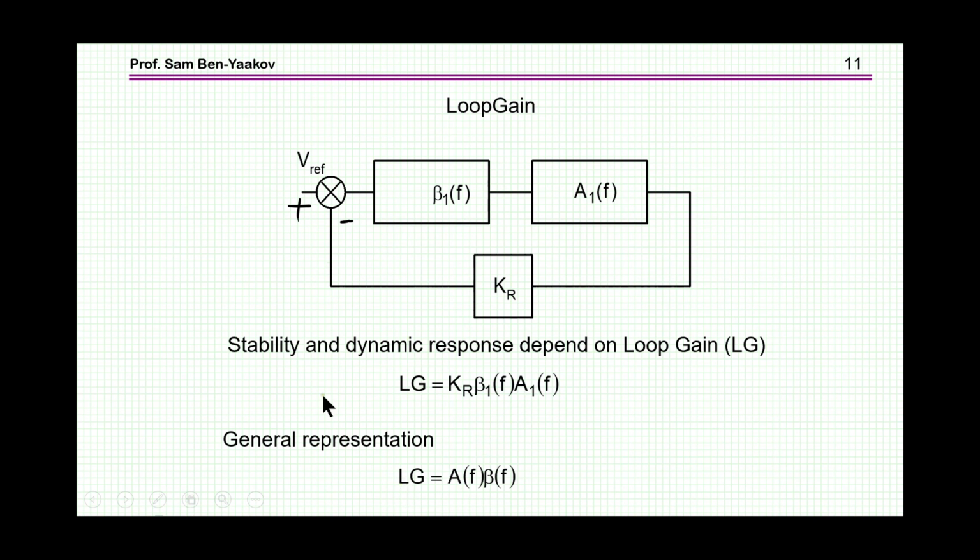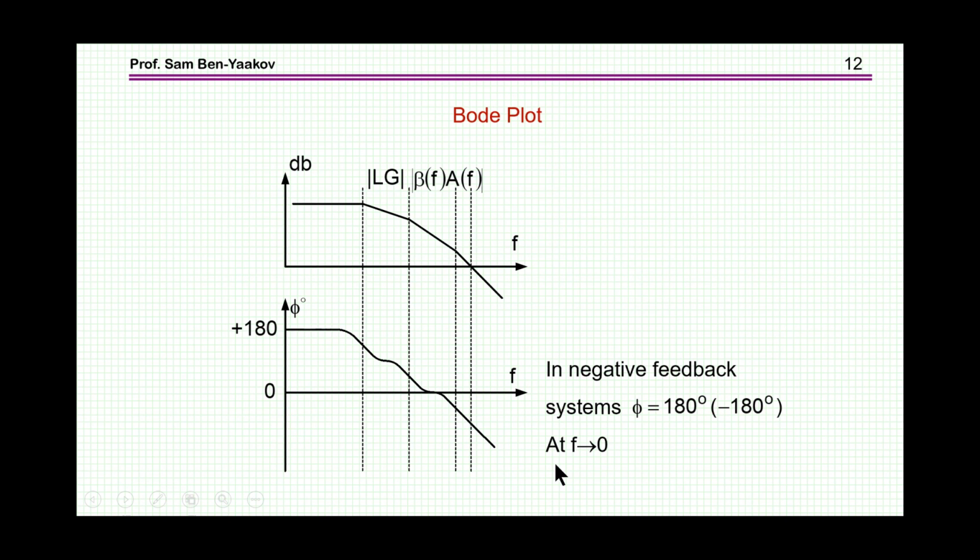The loop gain is then this multiplication, and I'm in general expressing it as A times beta or A times B. And this loop gain is associated with the Bode plot, as we have seen before. We see that in general the slopes could be minus 20 dB, and if you have 2 poles, then it could be minus 40 dB. It might be a 0 also, so it will go up. This will be the amplitude, and this will be the phase.